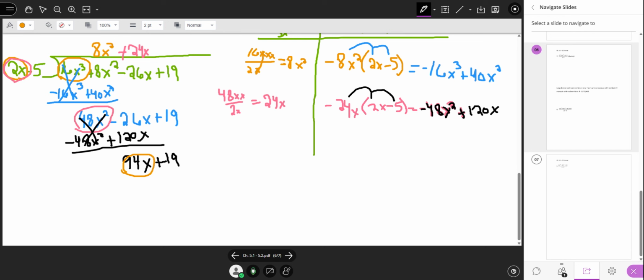First divided by first. So 94x divided by 2x. Choppa choppa. It's 47. That's positive, so we put plus 47.